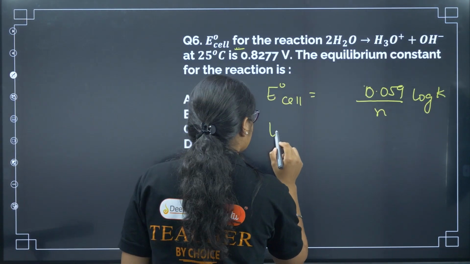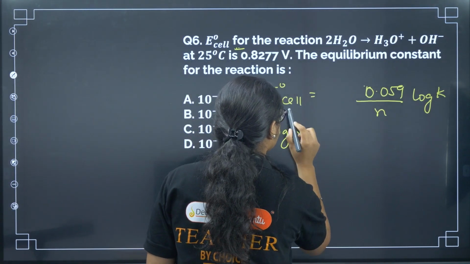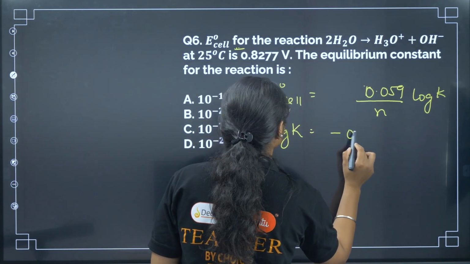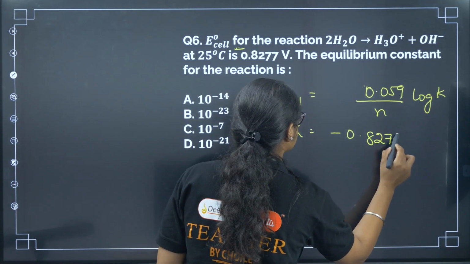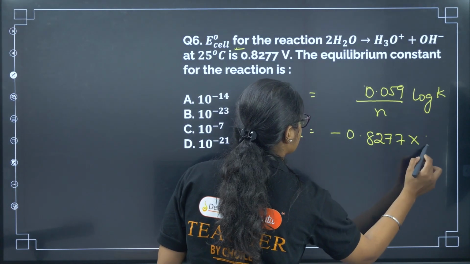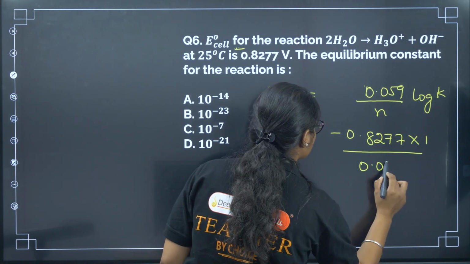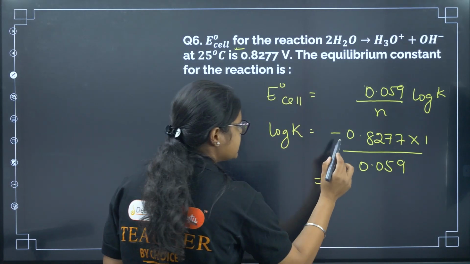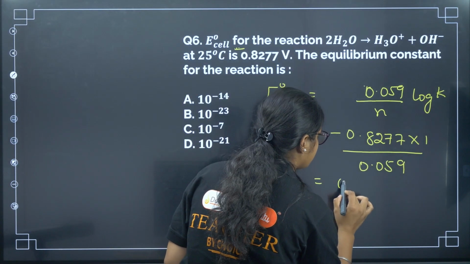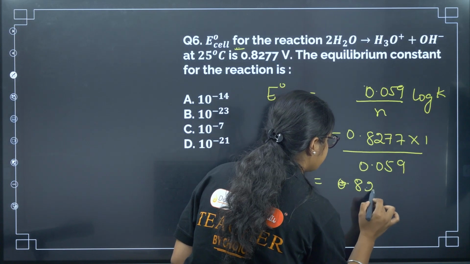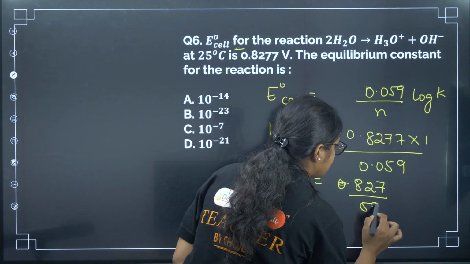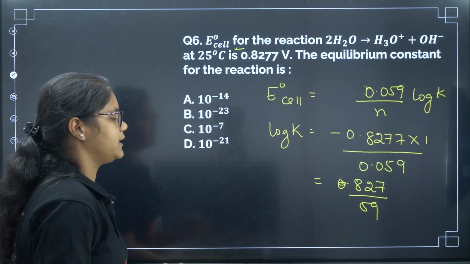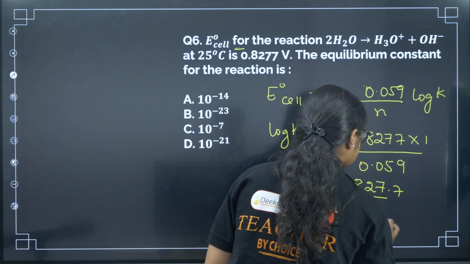So log K is equal to E naught of the cell, minus 0.8277, N equal to 1, by 0.059. For easy calculation, we can take it like 827.7 by 59.